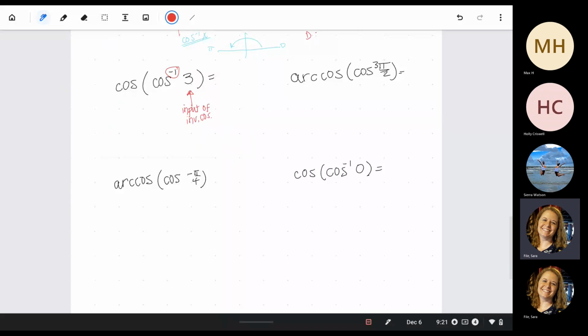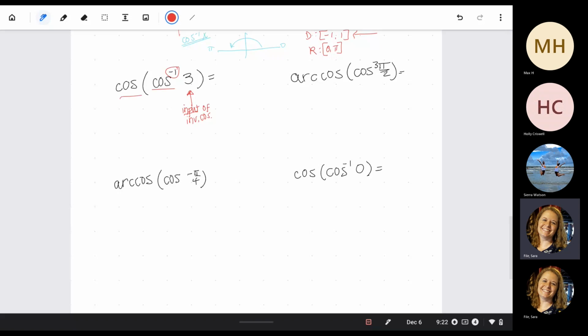I'm going to write the domain and range up here. Domain is -1 to 1. Range is 0 to pi. So input, that's domain. Is 3 in the domain of -1 to 1? No.